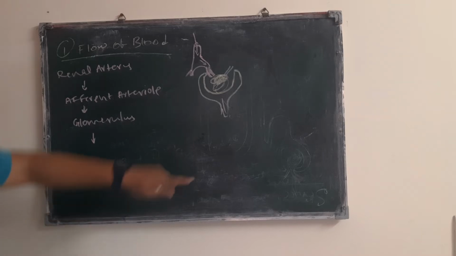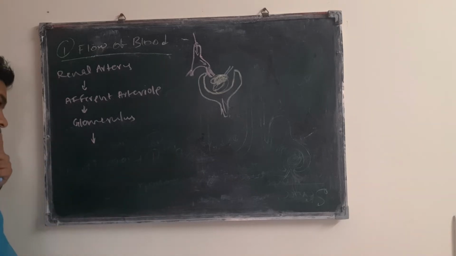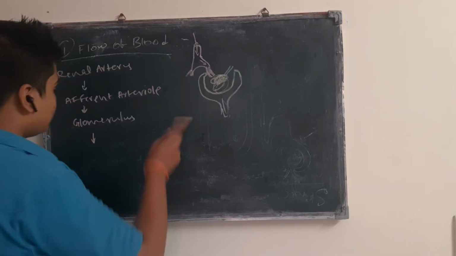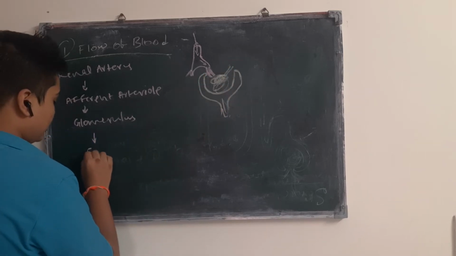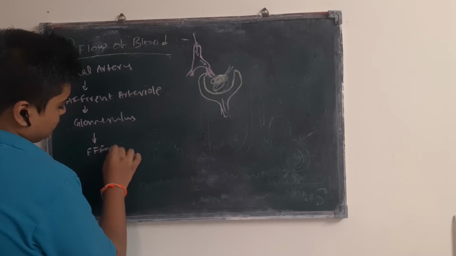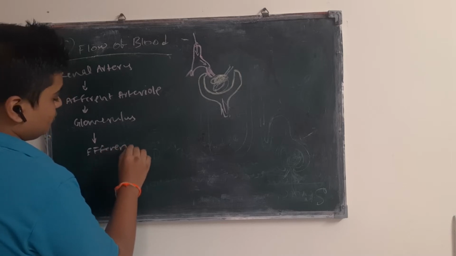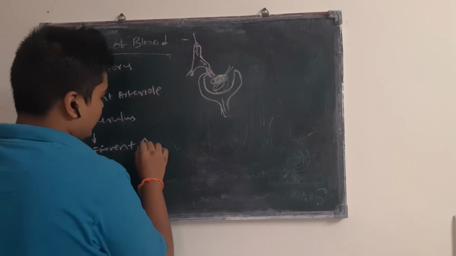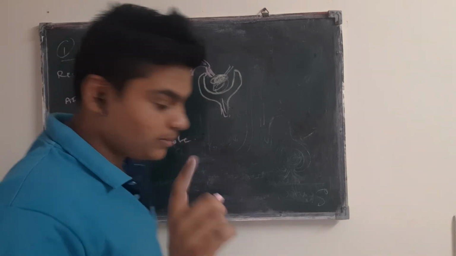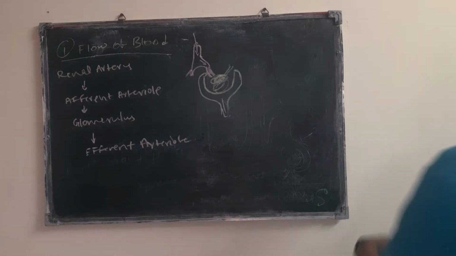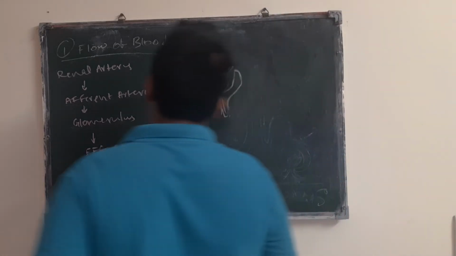This is the path of urine. I'll be explaining that after the formation of primary urine. Then this blood leaves through the efferent arteriole.